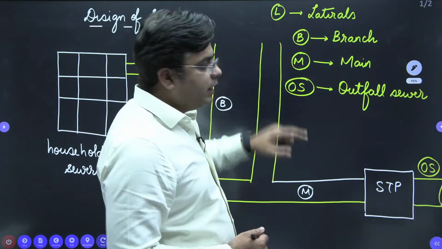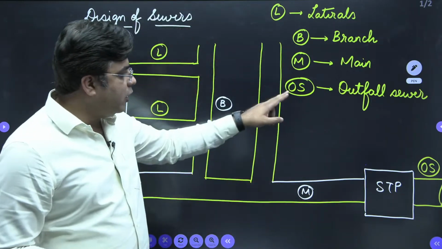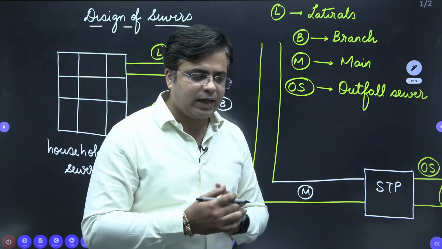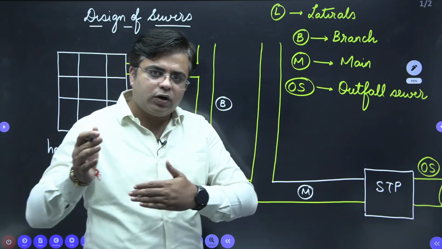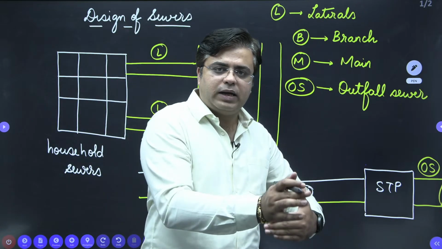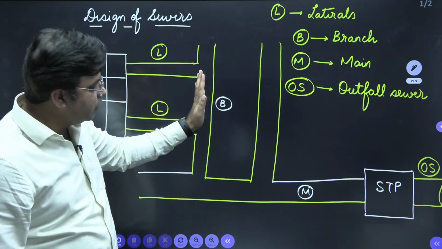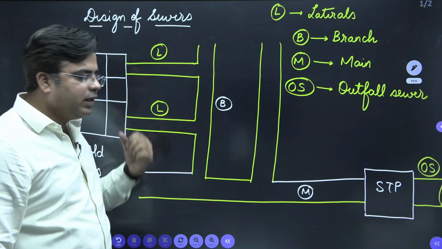The lateral is the sewer of least dimension and the outfall sewer is the sewer of largest dimension. You can just imagine or relate like this. There are different laterals from where water is taken into one branch sewer. So obviously the size of the branch sewer should be more than the laterals.